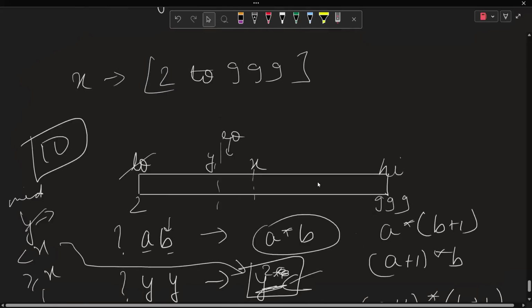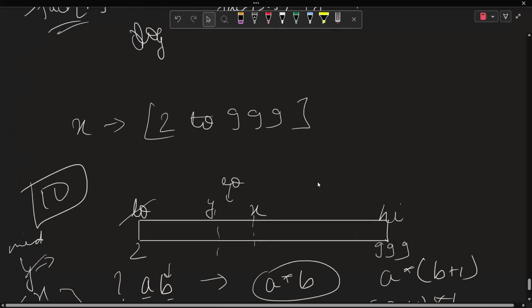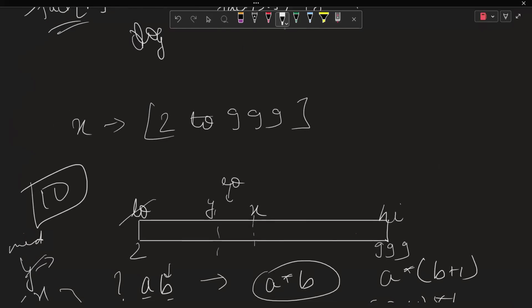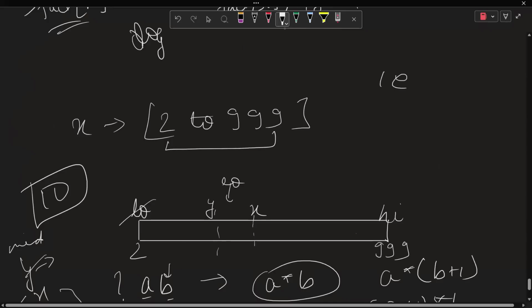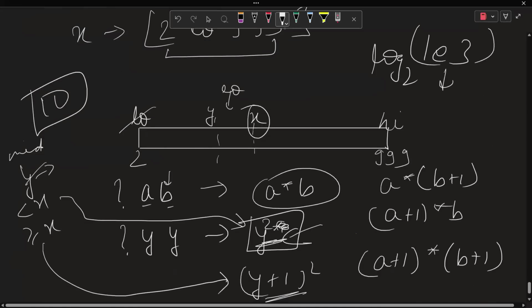Now, if you try to do this, how many queries would we have to make? You are dividing into two parts. So the initial range is about 1e3, and you are dividing it by 2. So in log base 2 of 1e3 queries, you would be able to reach the final X. What is this? This is approximately 9 point something.